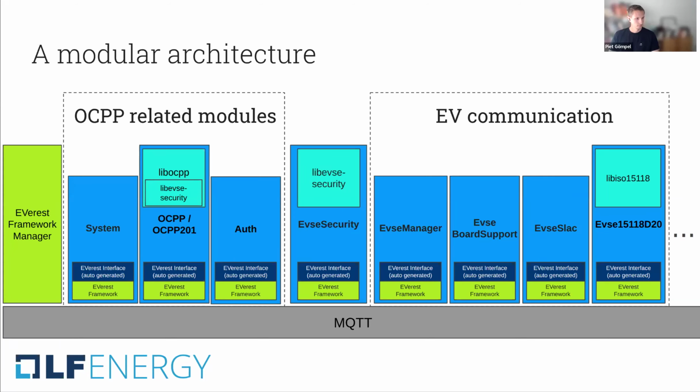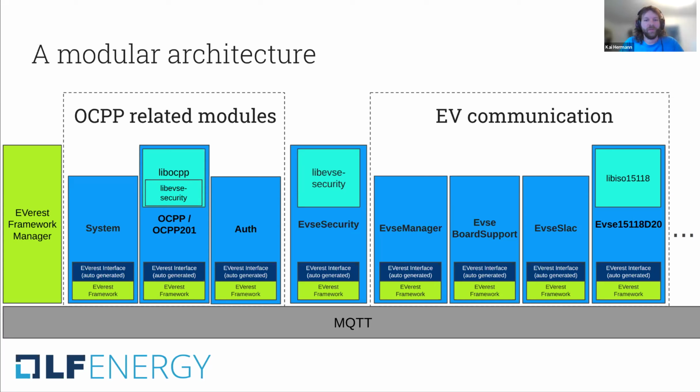Basically, the architecture of EVerest is a very modular architecture where we have modules that communicate with each other via MQTT, make use of certain libraries, and their lifecycle is managed by what we call the EVerest Framework Manager.